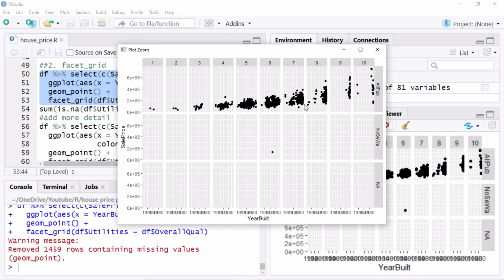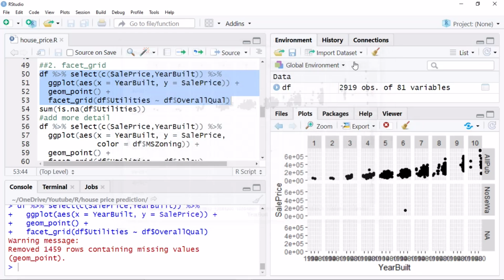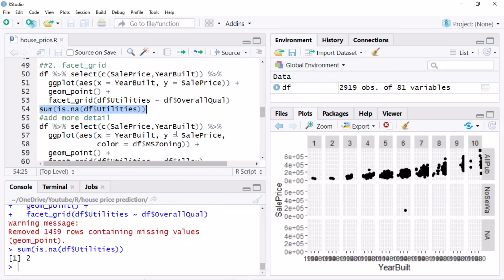As you can see, this plots a subplot. Now I am checking NA values in the Utilities variable. There are only two missing values, and there is a good chance that these values belong to AllPub.